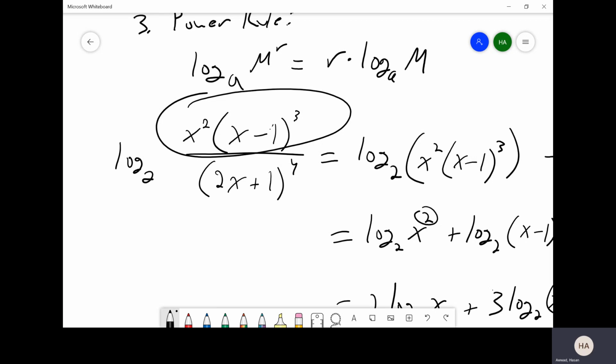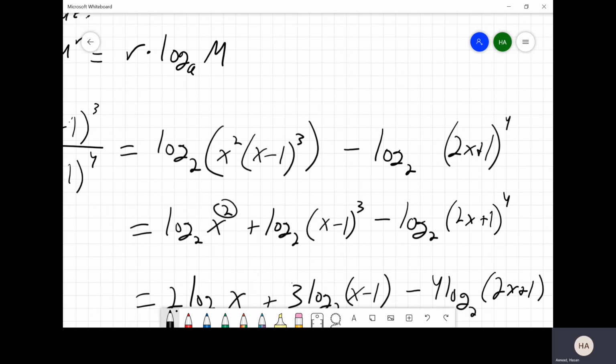You just have to be careful of what you're doing, right? You have to also understand that you still have this division going on, and the division is still going to be applied to both of those pieces. So don't forget to take that 2x plus 1 to the fourth with you when you break up the top, because if you lose it, then you're going to have problems.